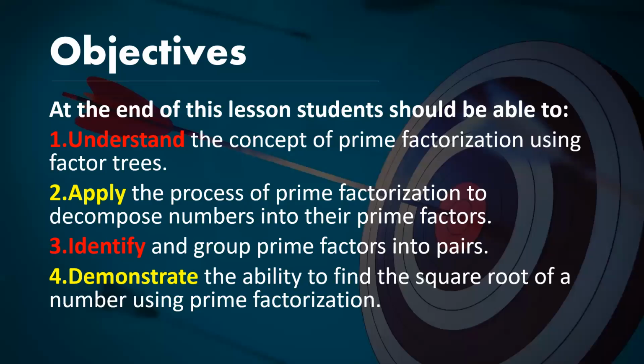So the objectives are to understand the concept of prime factorization using factor trees, then apply the process of prime factorization to decompose numbers into their prime factors. Then we want to identify and group prime factors into pairs. And finally, we want to demonstrate the ability to find the square roots of a number using prime factorization.